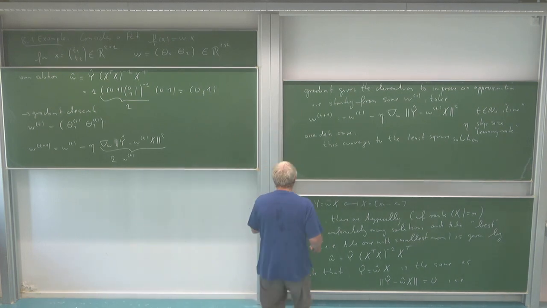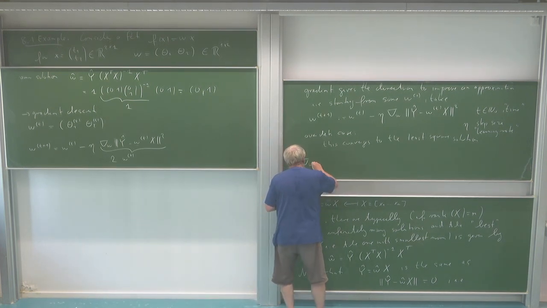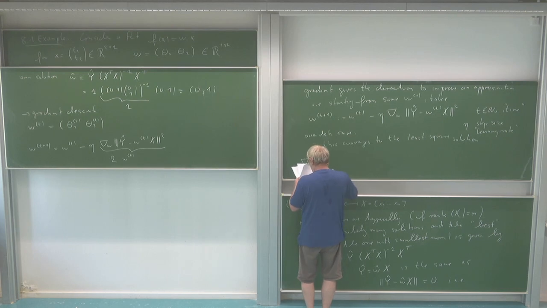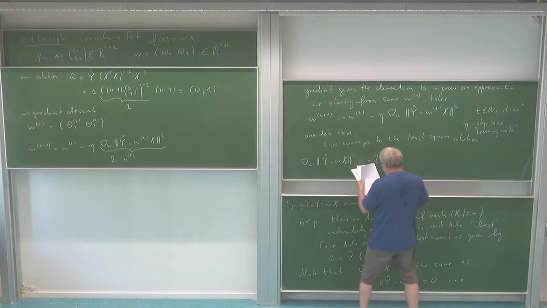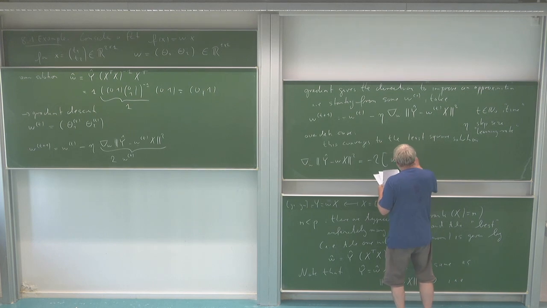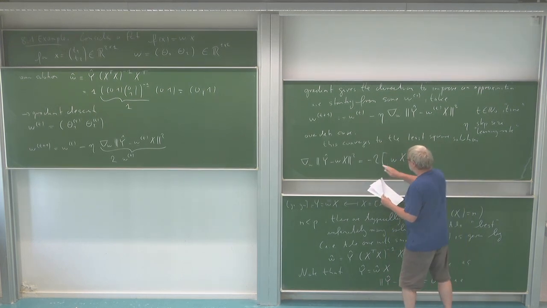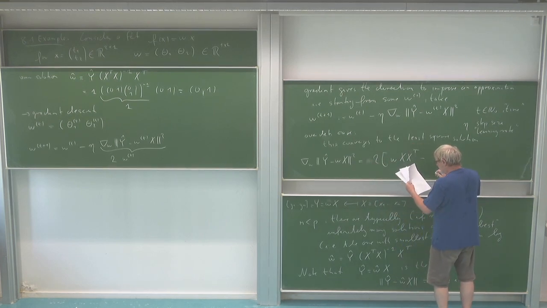So our general formula, the gradient of y hat minus w x squared, was minus 2 times, and then we had w x x transpose, and then minus y hat x transpose.